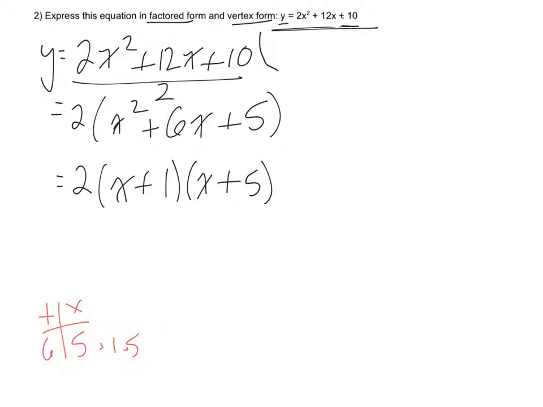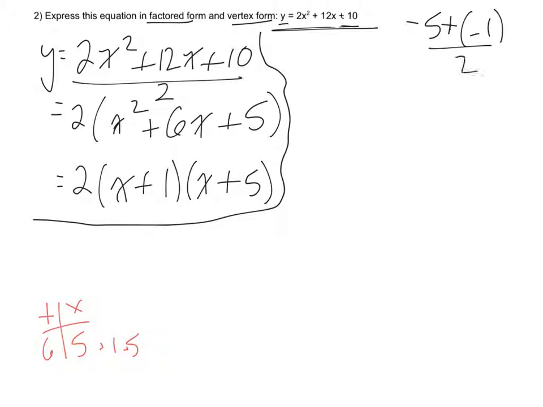I don't know if I'm going to have enough room to do the vertex form, but we'll see what I can do. To find the vertex form, I have my two zeros of negative 1, 0 and negative 5, 0 from my factored form. So I can find the axis of symmetry with that. I can say negative 5 plus negative 1, over 2, and this gives me my x value, or what we can also call our h value.